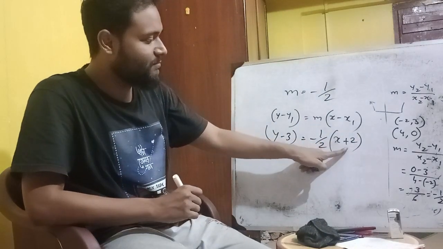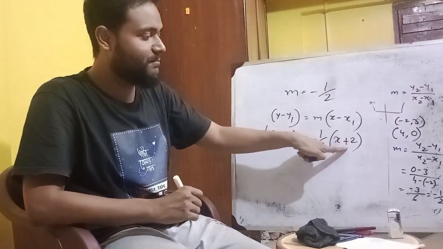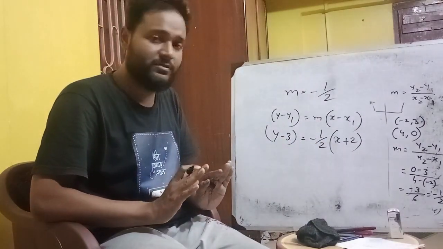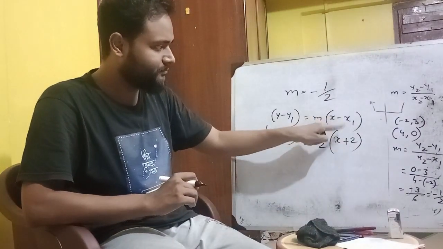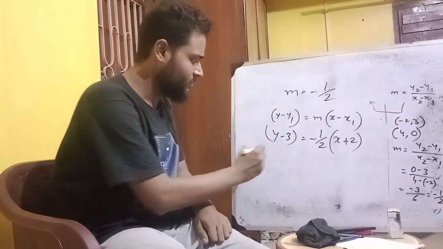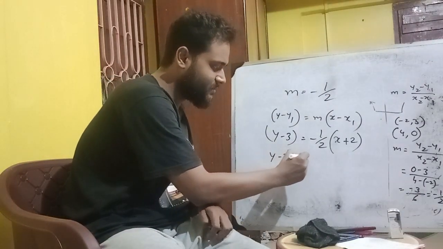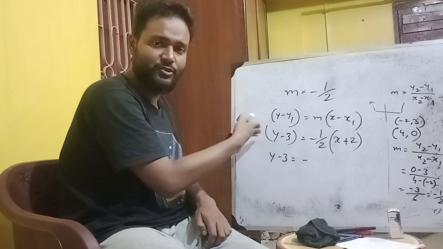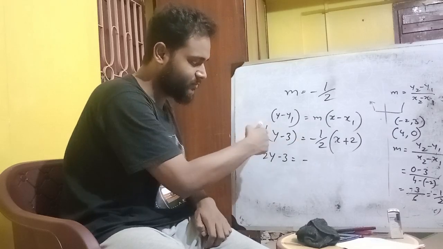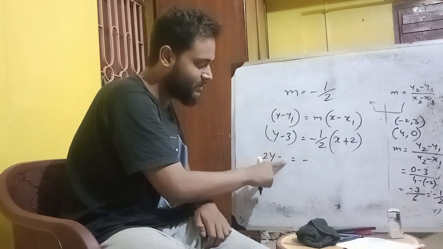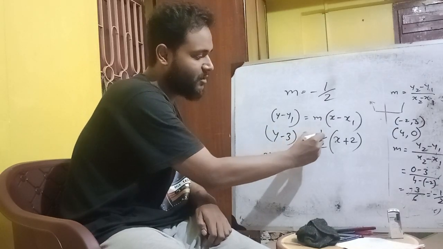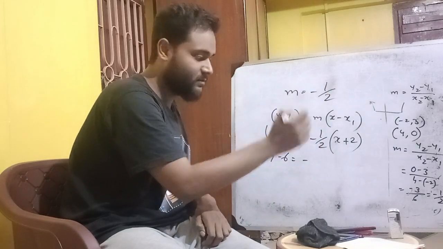So this is the part we have to be cautious, that is minus of -2. So x plus 2. So you can multiply by 2 directly. So cross multiply, 2y minus 6. Now -1 is there.